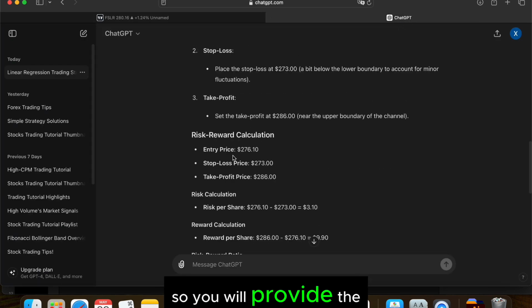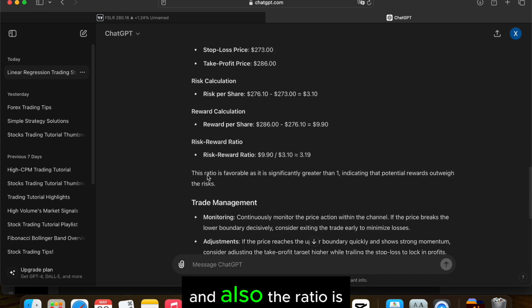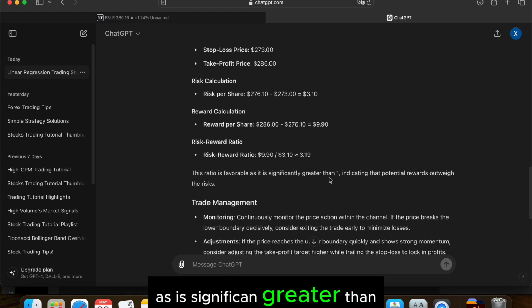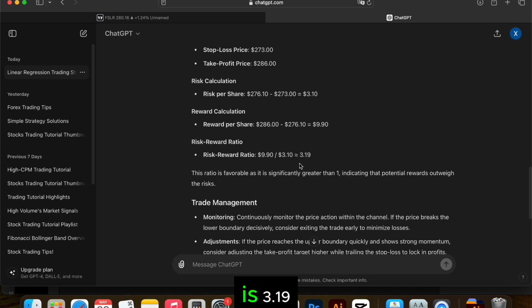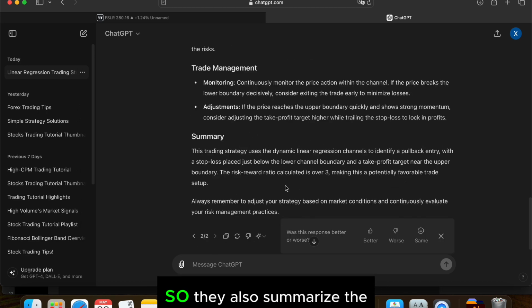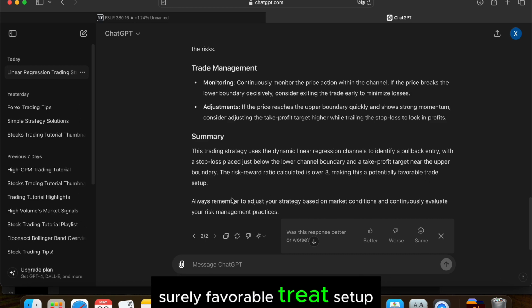It will provide the risk reward calculation, and the ratio is favorable as it is significantly greater than 1. It asks us to make the risk reward ratio more than 1, and the risk reward ratio provided is 3.19. They also summarize the points. For example, the risk reward ratio is calculated at over 3, so it makes for a potentially favorable trade setup.